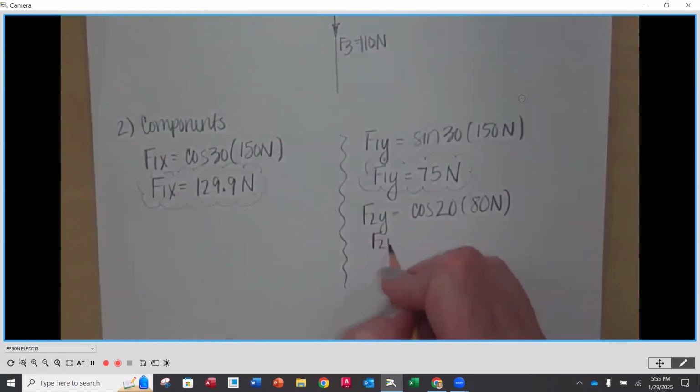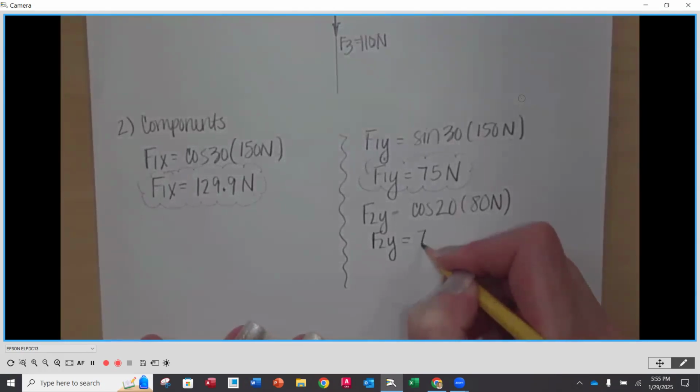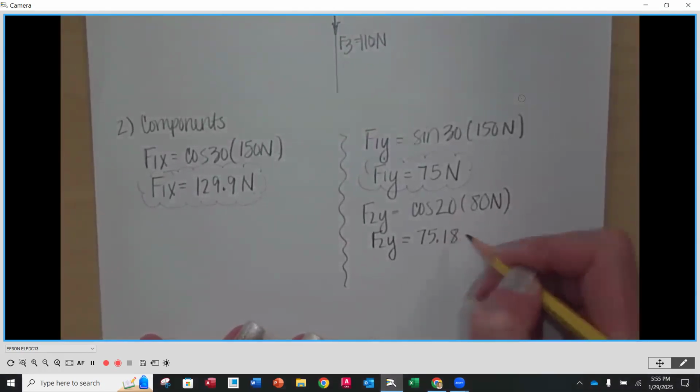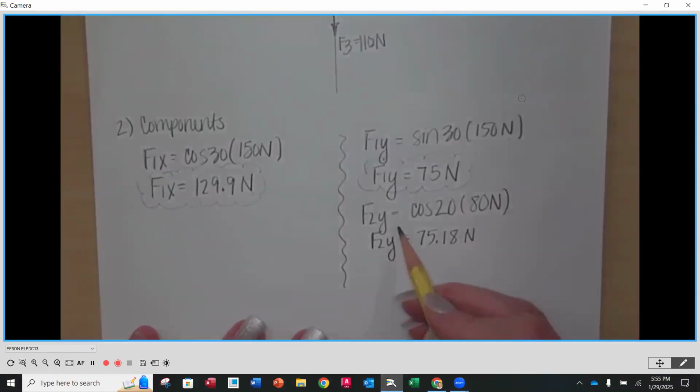So F2Y then, what do we get for our value? Yeah, I'm going to put 0.18, and that's going to be newtons. So make sure you add your newtons there.